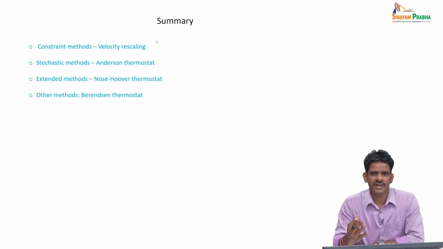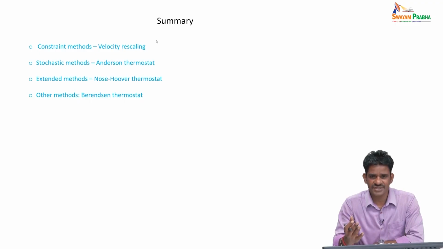Then we talked about a Berendsen thermostat, where instead of rescaling the temperature in one step to reach T set, we do it gradually, and the rate at which we adjust the temperature is given by a certain parameter tau, which is called a time constant, that tells how strongly the system is coupled with the thermal bath.